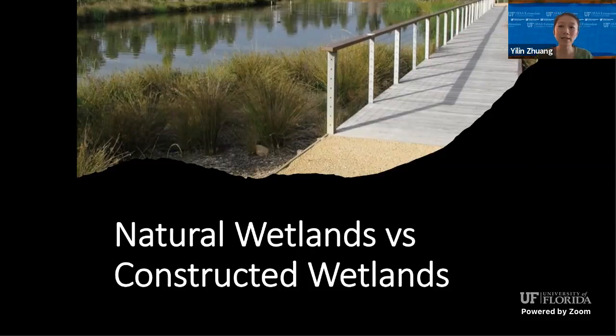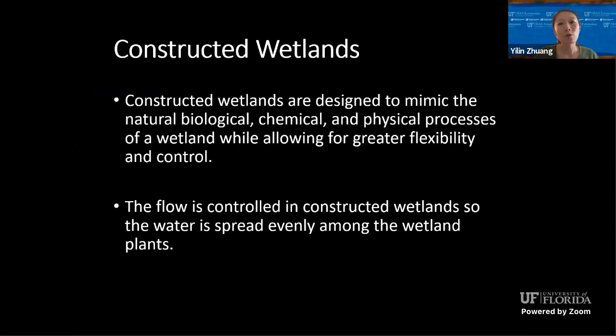In natural wetlands, wastewater should be well distributed throughout the wetland for effective treatment. And the natural hydrology of the wetland should also be understood and mimicked to support local vegetation. Therefore, there are constructed wetlands.